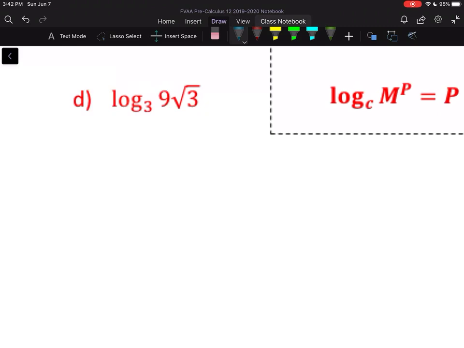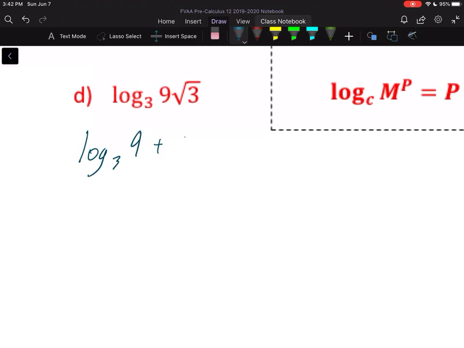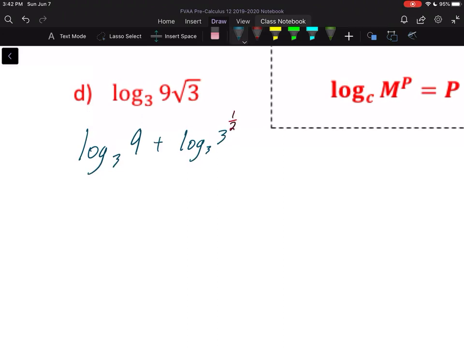Okay, so log 3, I'm going to split these up into log 3 to the 9 plus log 3 to the 3 square root, to the 1/2, okay? And then I'm going to switch this to log 3 to the 3 squared plus log 3 to the 3 to the 1/2.